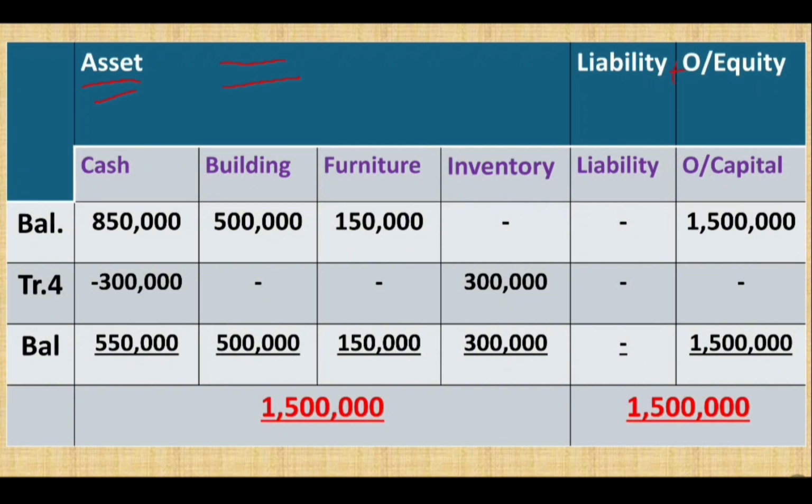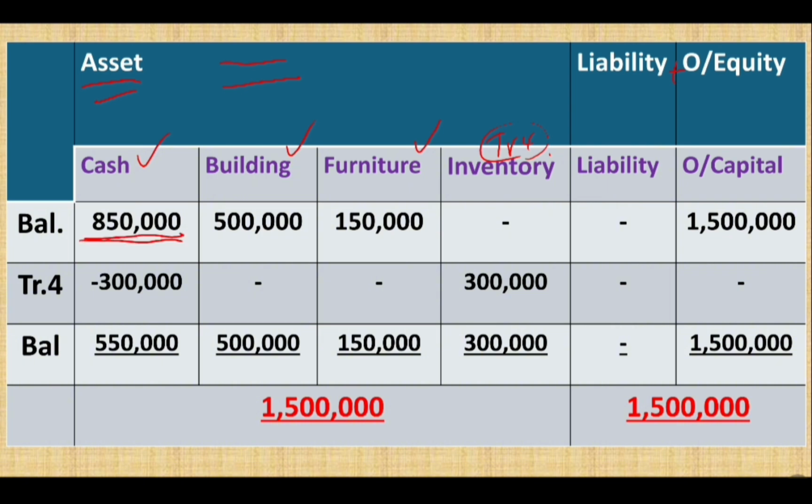We have an asset here. Asset is equal to liability plus owner equity. So here our assets are increased from 1 to 4. We have cash as an asset, building as an asset, furniture as an asset, and in the case of transaction 4, we have inventory.